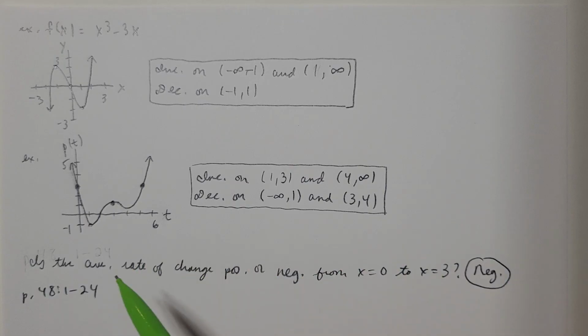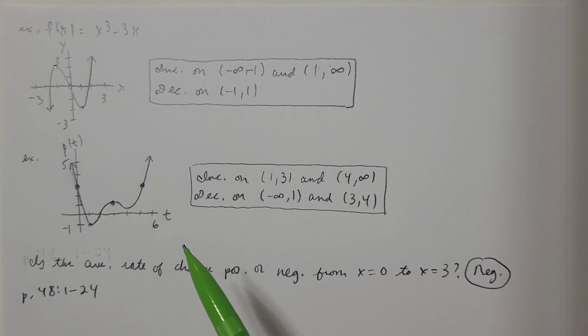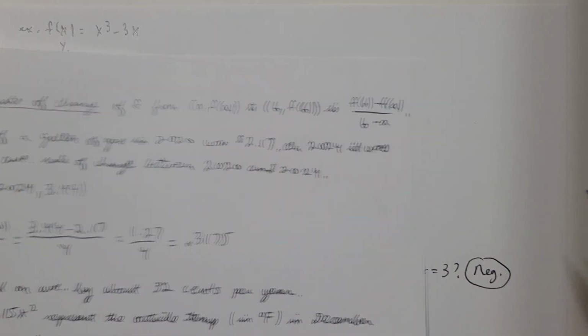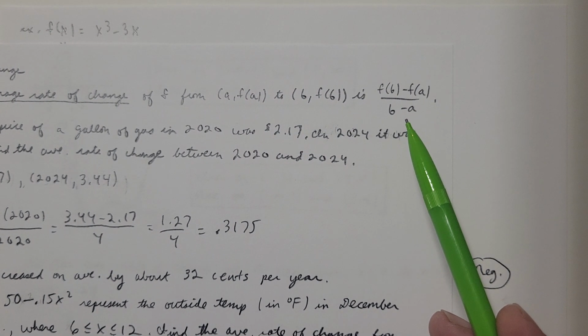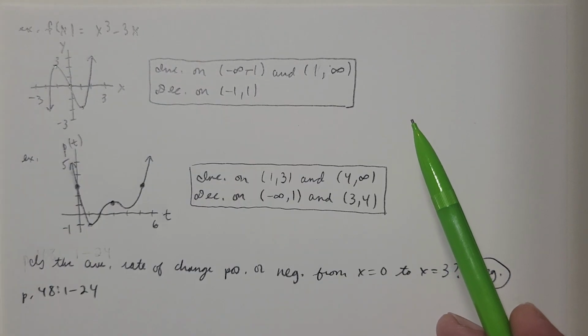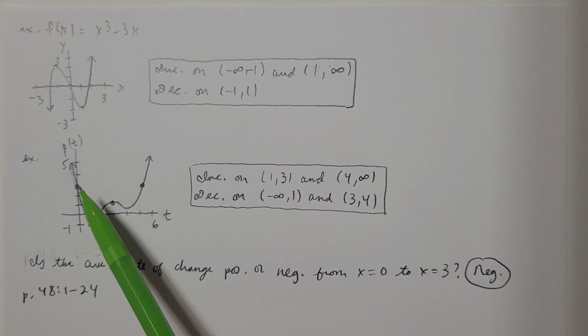Now here's a question. Is the average rate of change positive or negative from x equals 0 to x equals 3? One thing we'll talk about when we get into chapter 2 is that this formula is the same formula for the slope of a line. If x equals 0, I'd be at the point 0, 3, it looks like.